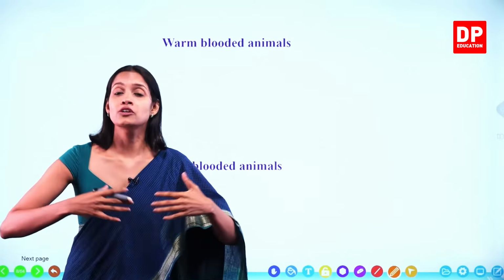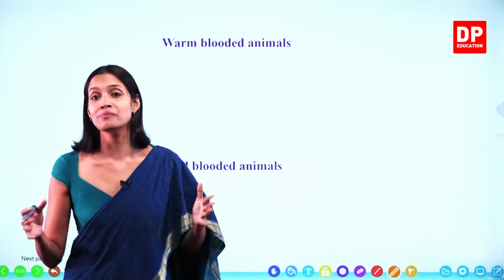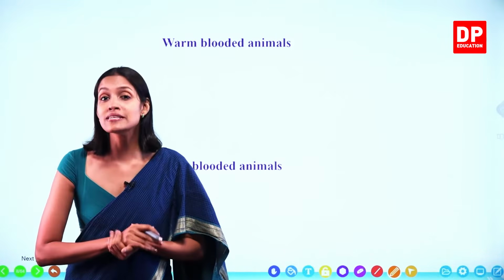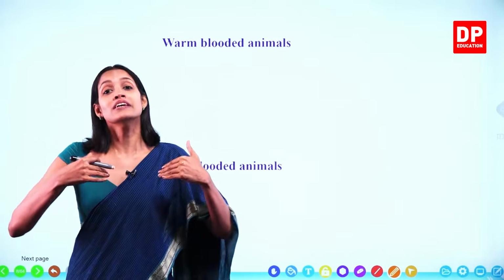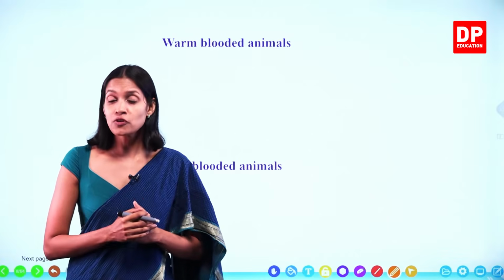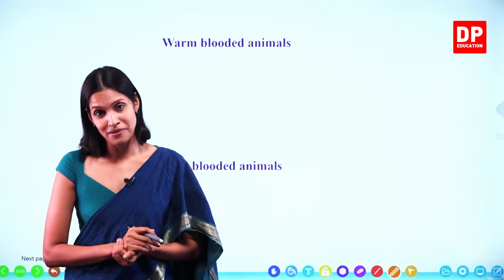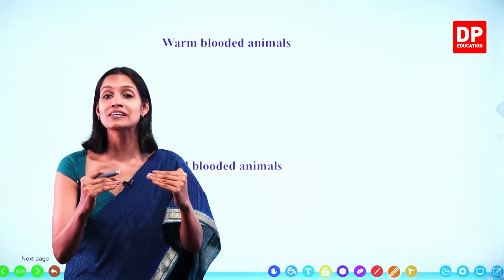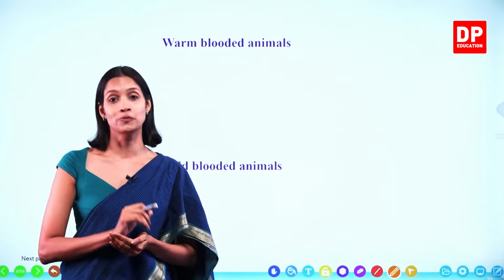When we stand under sunlight for about 10-15 minutes, we start sweating. The reason is that because of the sunlight, our temperature increases. But this is not good for our body. Therefore, our body has to reduce the increased temperature and bring it back to 37 degrees Celsius, which is the normal temperature of a human.